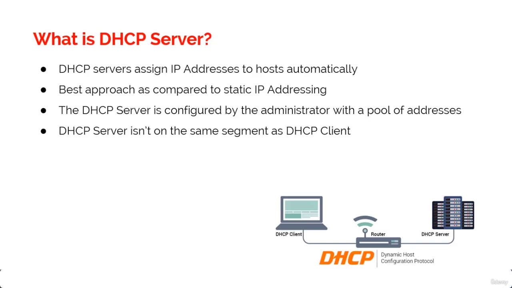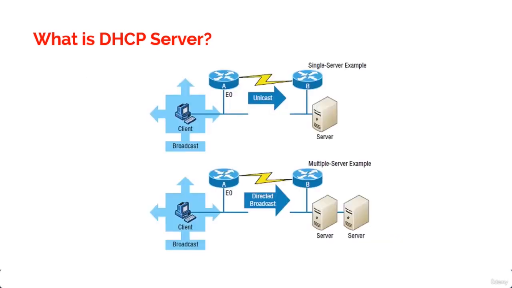In a sense, the DHCP server, that is Dynamic Host Configuration Protocol, as the name suggests, assigns IP addresses to hosts. Now, this protocol gives us a much easier way to administer by automatically providing the IP information than the alternative and tedious technique of static IP addressing.